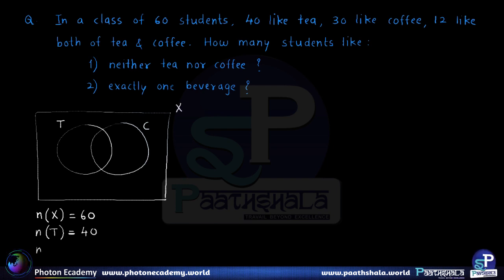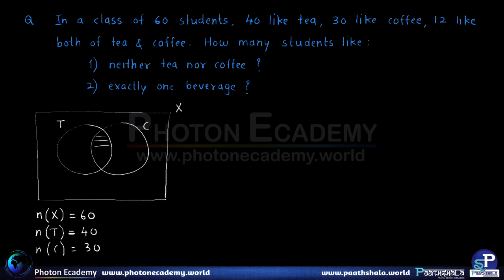We are also given that n of C is 30, and the number of people who like both tea and coffee, that is nothing but this region, and we know that that is the region of intersection of T and C. So therefore, in other words, we have n of T intersection C is equal to 12. Right, so this is the basic data with us.